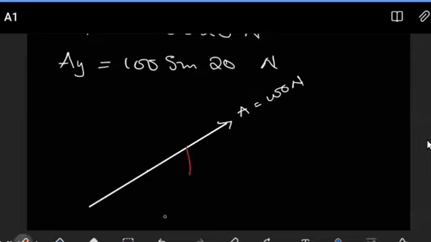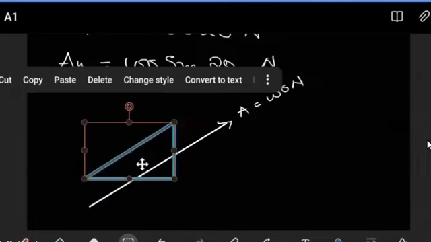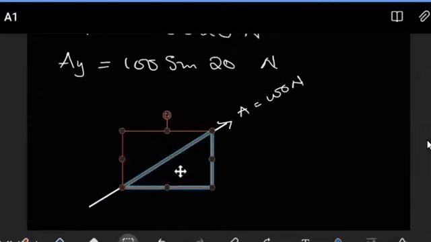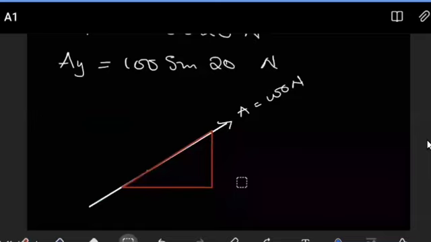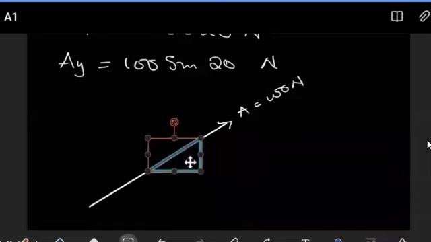That's not going to be vertical. Let me do this. This looks better. Now I'll just make it smaller. Better.